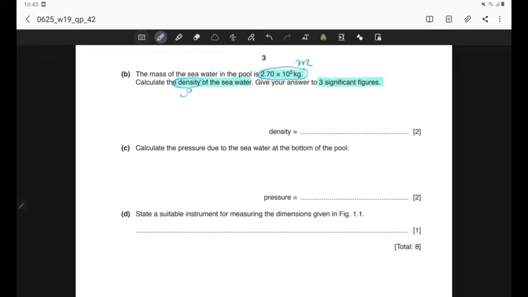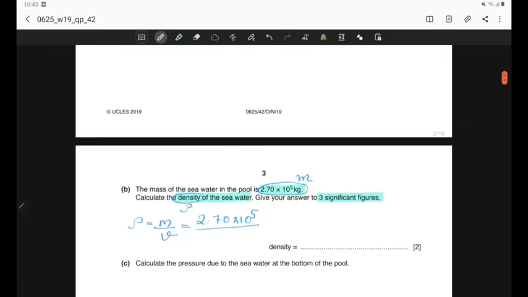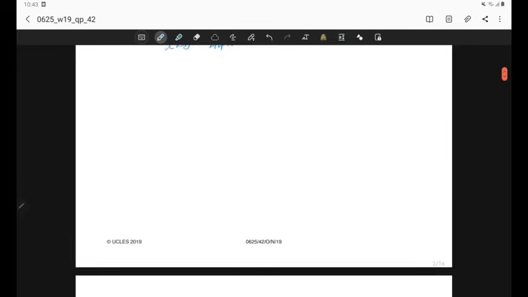So here you can use the equation of density, that is equal to mass over volume, where mass is given in this question, that is 2.70 into 10 to the power 5, and volume is already given, that is 264.